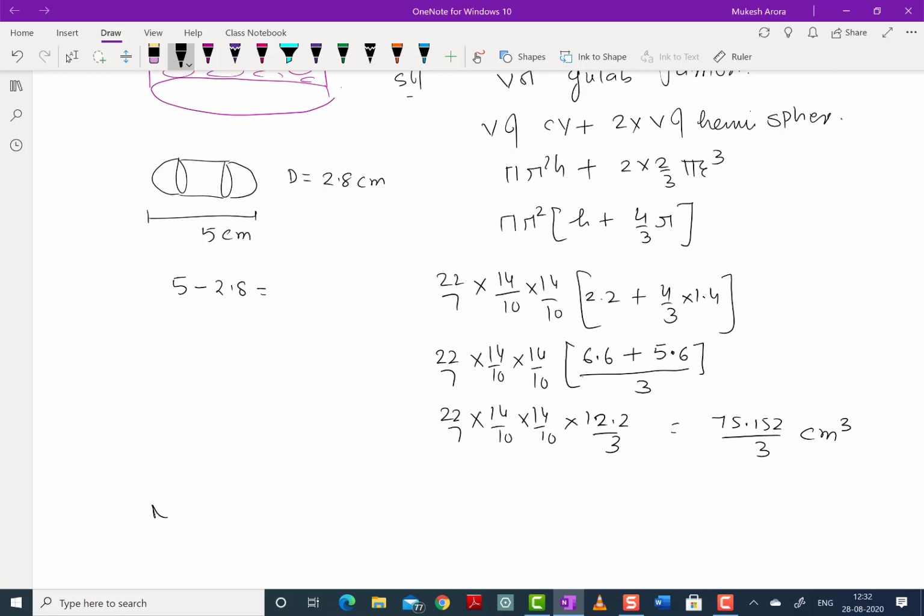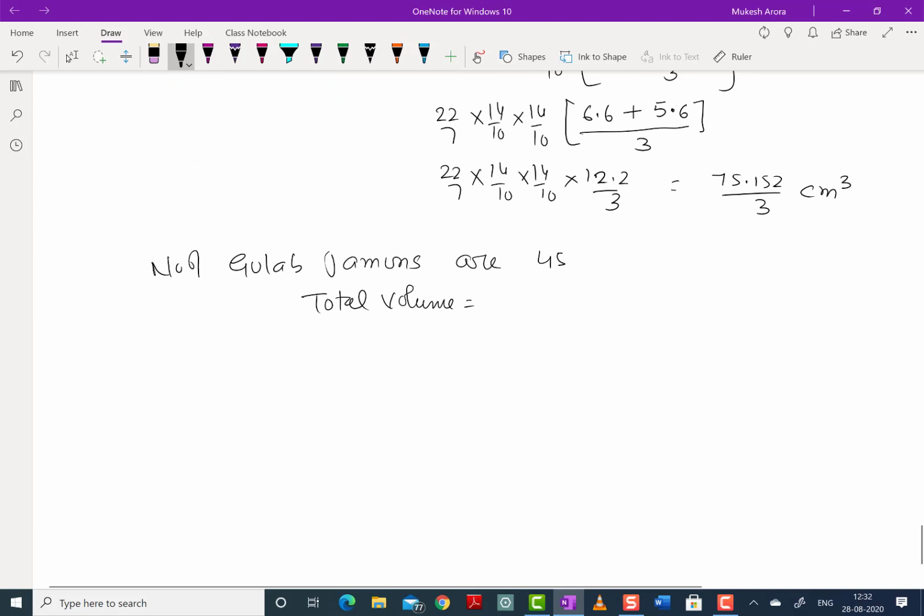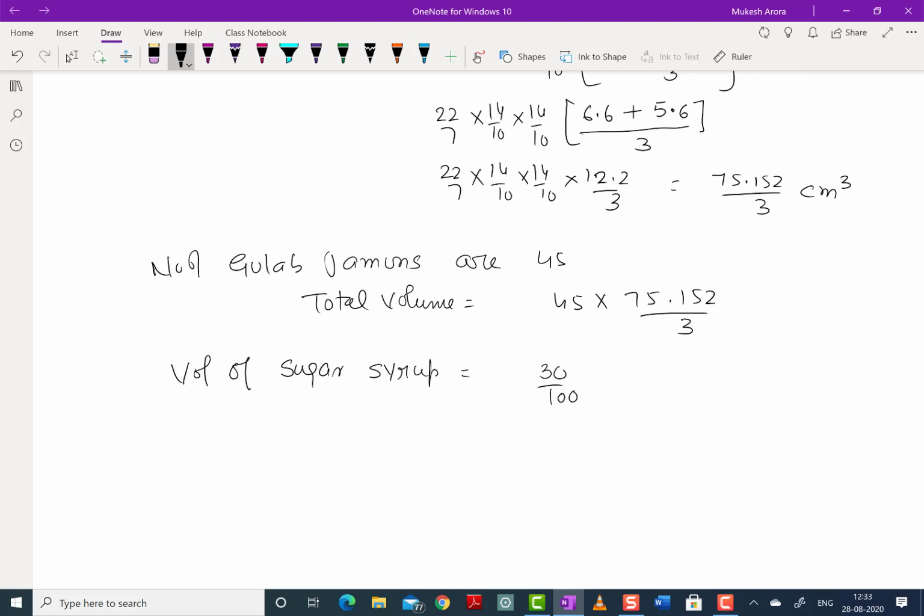Now the number of gulab jamuns is 45, so the total volume will be 45 into 7.152 by 3, and the volume of sugar syrup is 30% of 45 into 75.12 by 3.